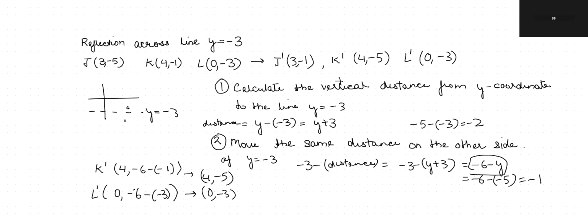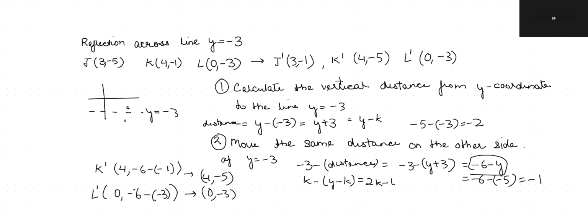So the distance would be y minus k, and then moving to the other side, k minus (y minus k), so this would be 2k minus y.